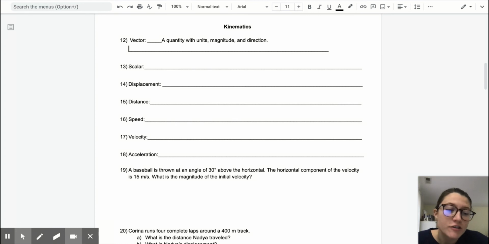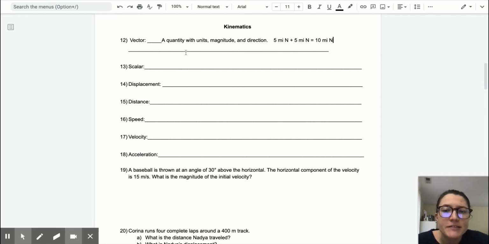If we have vectors in the same direction, both are pointing north, 5 miles north, that's 5 miles north, we can add those together to get 10 miles north.